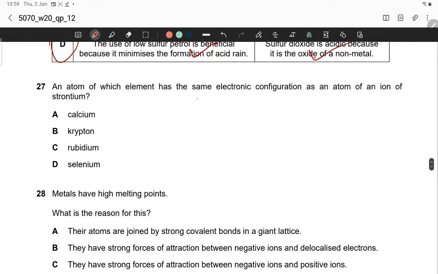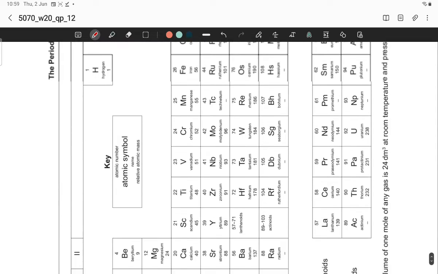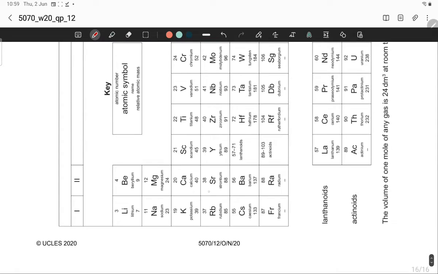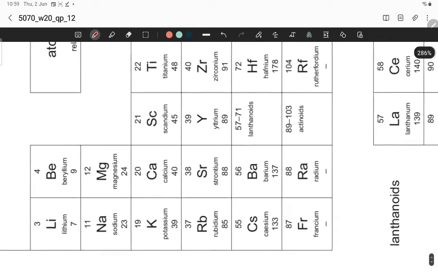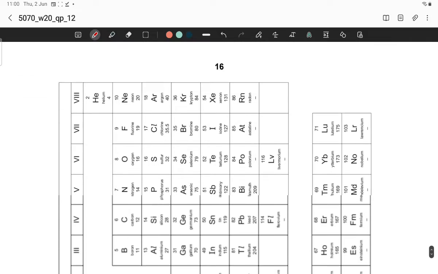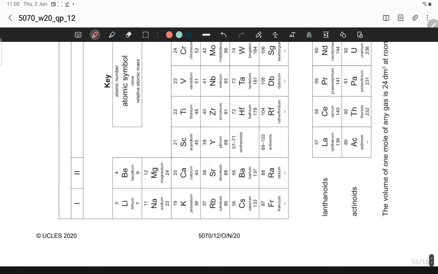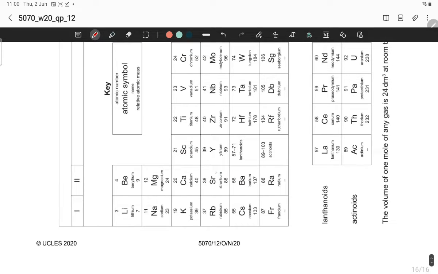An atom of which element has the same electronic configuration as an ion of strontium? Strontium has atomic number 38. It is present in group 2, so it loses 2 electrons.